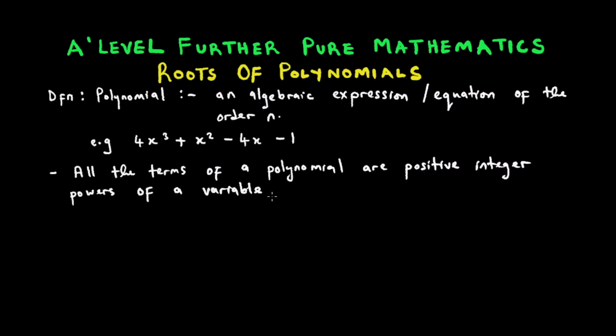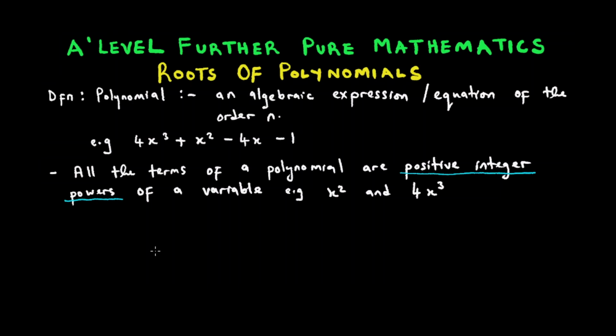What do we mean by this statement? An example would be taking from this polynomial x squared, and we can also have 4x cubed. So what we are talking about by this general statement is that all the terms of a polynomial are positive integer powers. This is a very important part of what we are talking about. They should be positive integer powers.